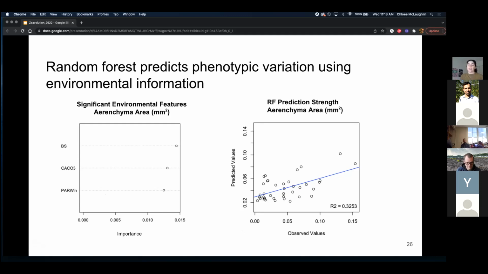Individuals observed to have lower parenchyma area are being predicted to have lower parenchyma area, and individuals that have more parenchyma area are also predicted to have higher parenchyma area. So although we're not capturing the extremes, we're picking up general trends in the data.